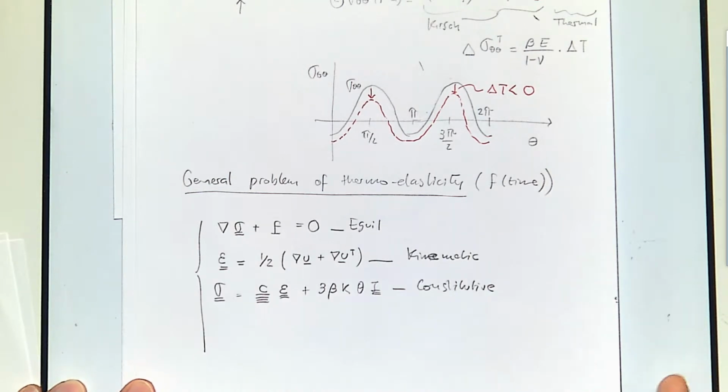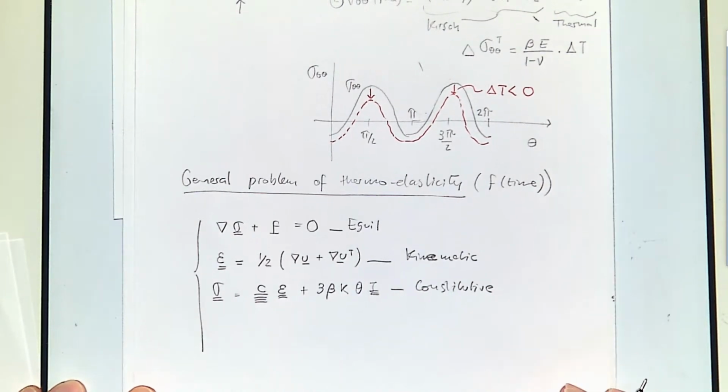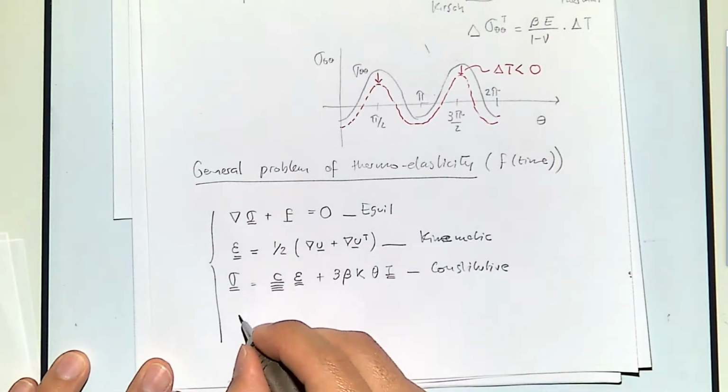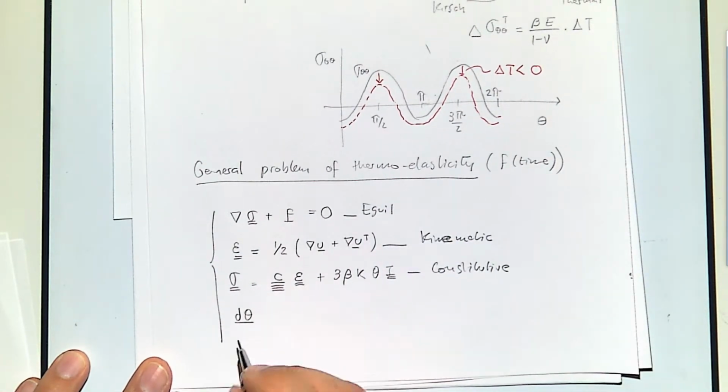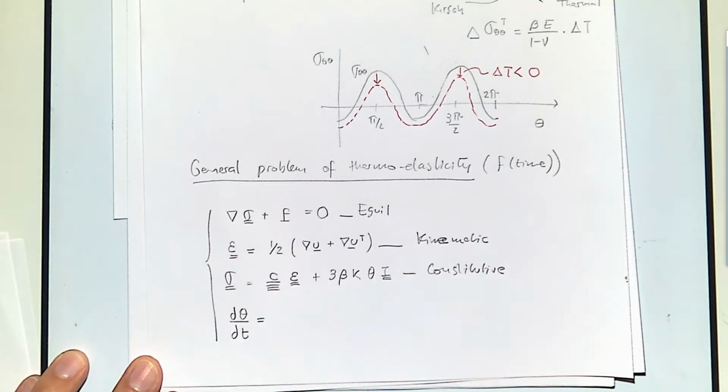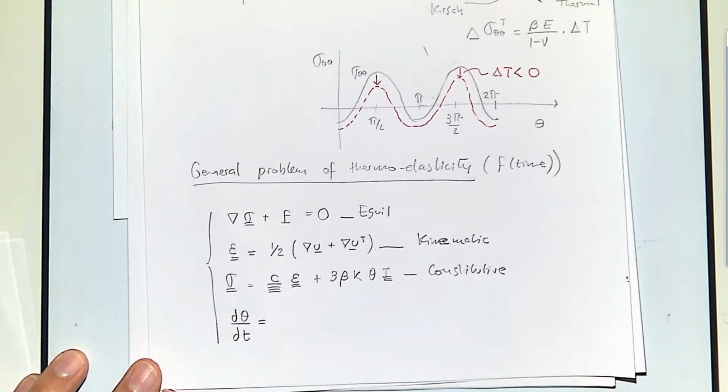And last, in order to put all of this as a function of time, we need to know the variation of temperature with time. We are not deriving this from scratch, but it's very similar to the case of poroelasticity.